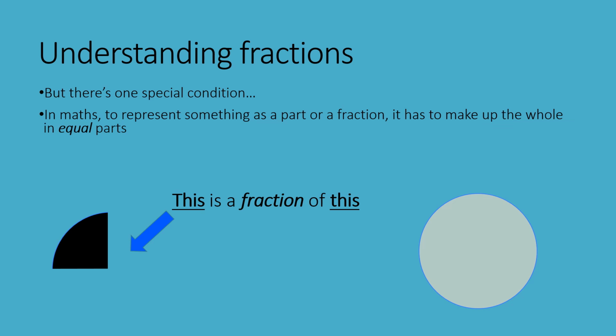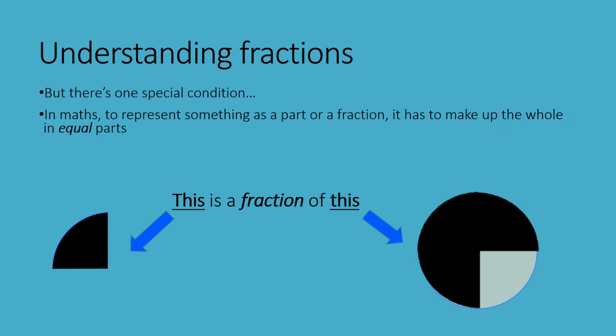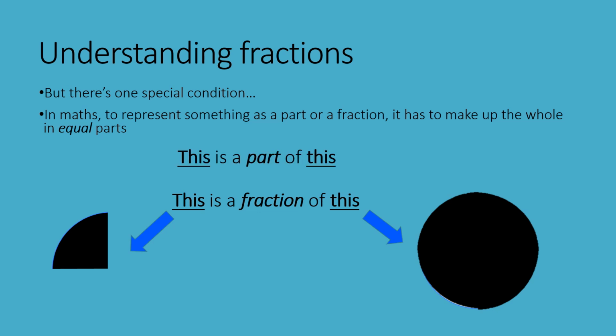How come it's a fraction of the circle and not just a part? Well, it can fit equally into the whole circle, so it makes it a fraction and not just a part. This, on the other hand, is a part. It can fit into the circle, but it won't fit into the circle in equal parts, so it's only a part. The apple that's bitten into is a part of the whole circle.